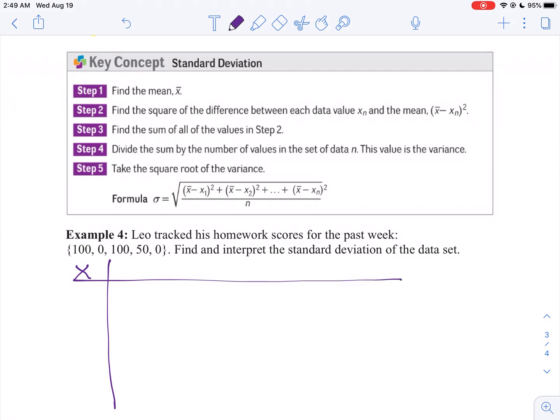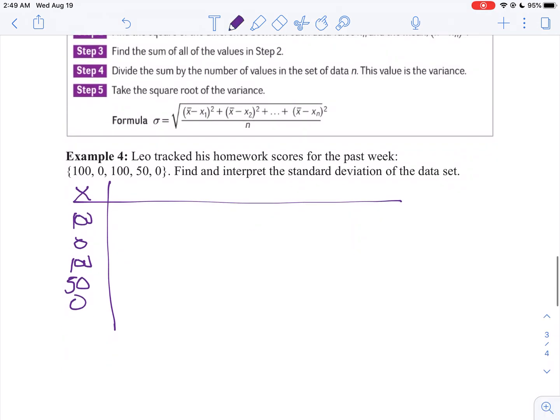I'm going to go 100, 0, 100, 50, and 0. Then we're going to find the mean. Well, we know our mean is 50 because we can see we have 2 100s, 2 zeros, and a 50.